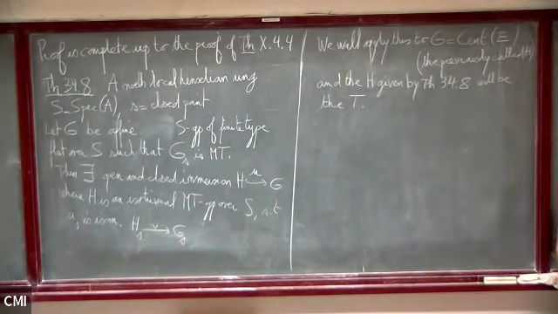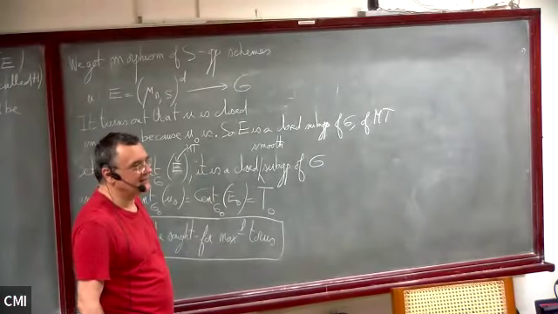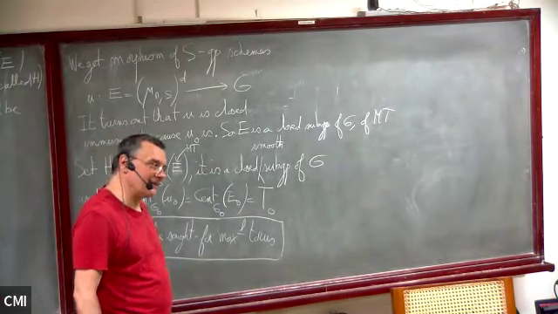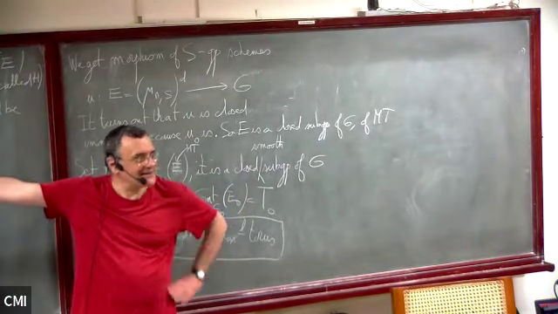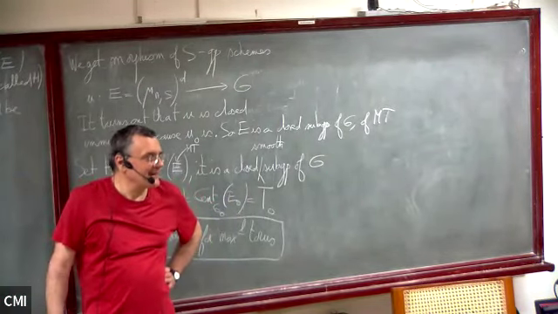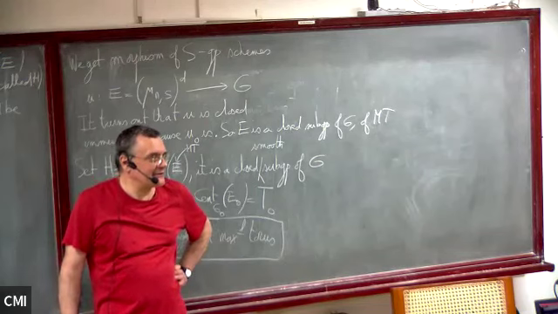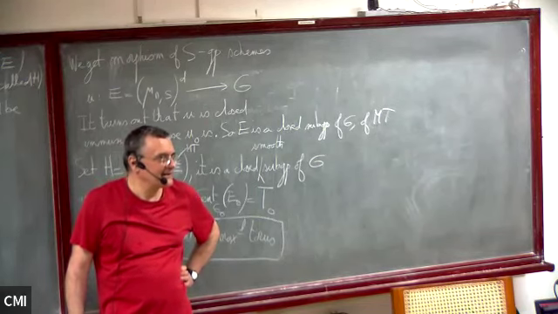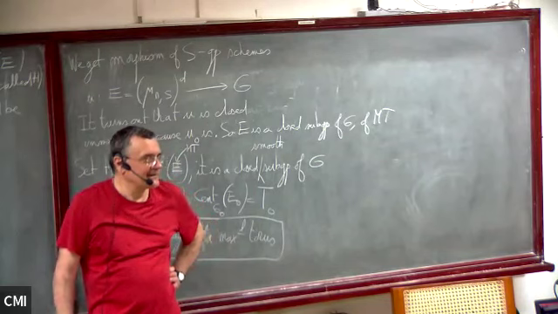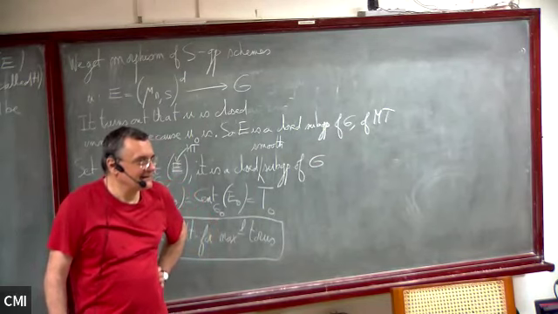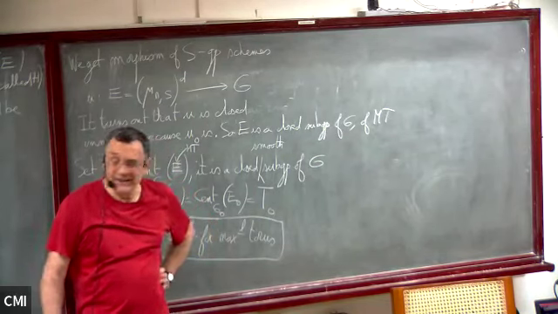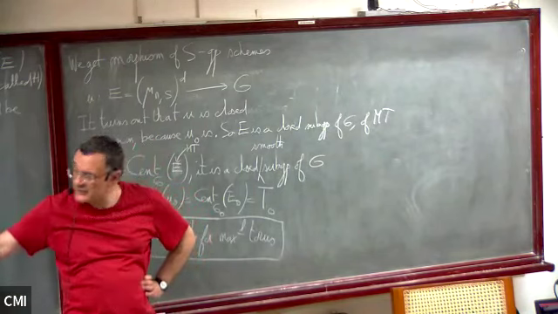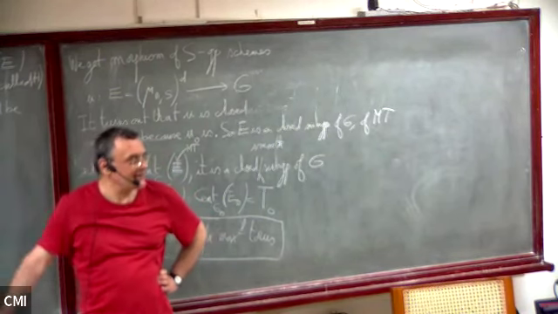Yes, T naught is a torus. No, it's a consequence precisely of this result, the rigidity. But the proof I know goes through this theorem.